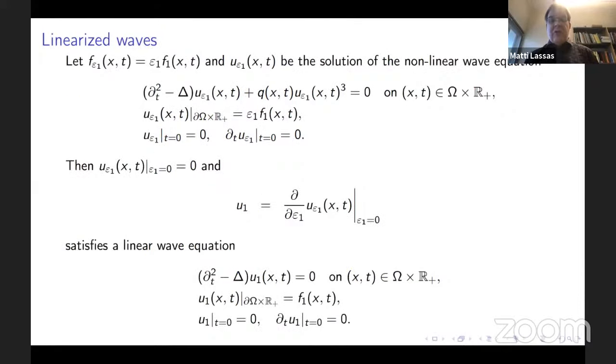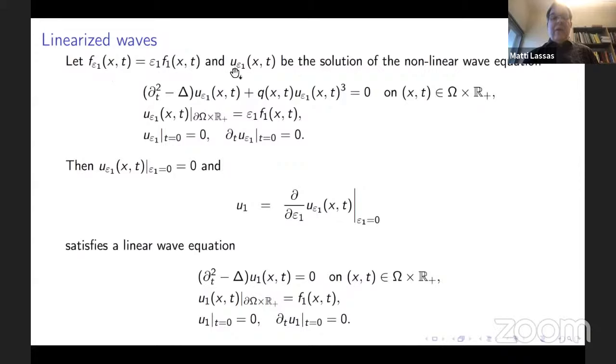So let's consider linearization of waves. Later we are going to consider higher order linearization, and that's why I use different epsilon parameters. So I have a small parameter that I denote by epsilon 1. I consider a source, or Dirichlet boundary value, f epsilon 1, that is epsilon 1 times a given function f.